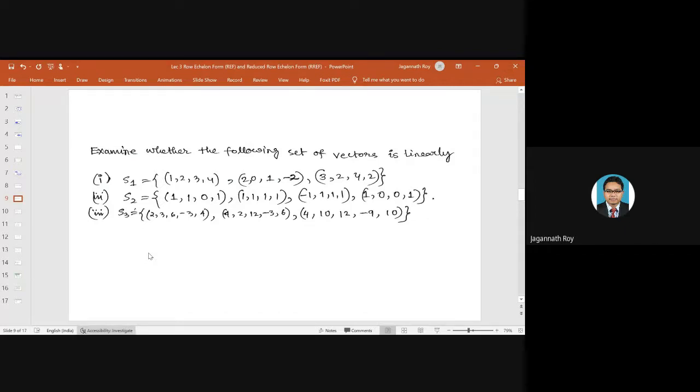Okay, so these are some more examples. Example: examine whether the following set of vectors are linearly independent or not.